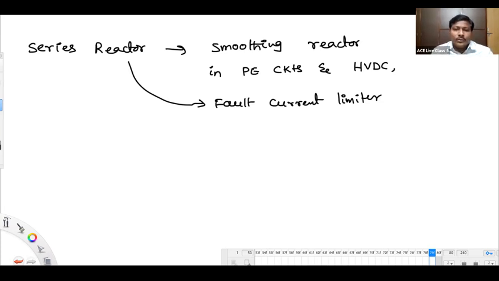So this is the end of the static devices. Based on application as well as economy, we are going to decide.